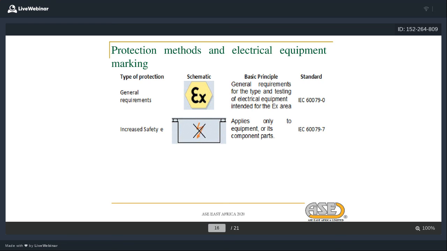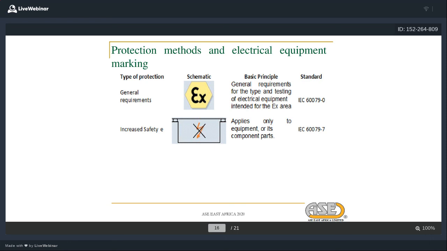And here we can see how that works. So after knowing the temperature class, now let's see the protection methods used and electrical equipment marking. But here we are talking about International Electrotechnical Commission standards.